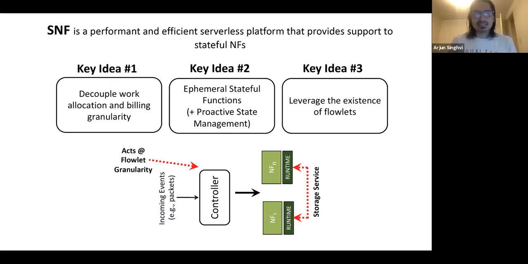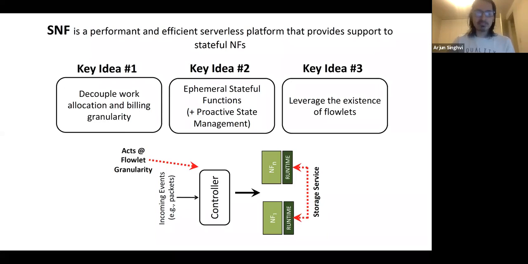Yeah, that's a good question. Just one clarification: the controller essentially operates at the granularity of flowlets, but from a function point of view, the event is still a packet, so it's processing packets. But yes, fault tolerance is an issue, because now we have stateful applications, and how do you actually ensure state fault tolerance?